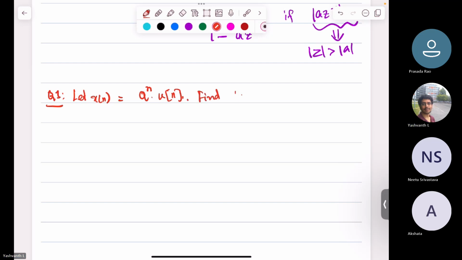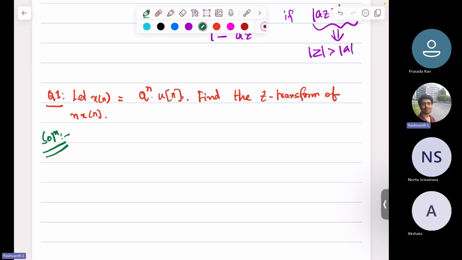Find the z transform of n into x of n. That is n into a power n into u of n. What is the z transform of that signal? So this is an example of using properties of Z transforms.